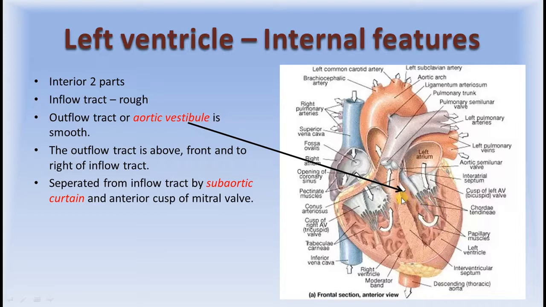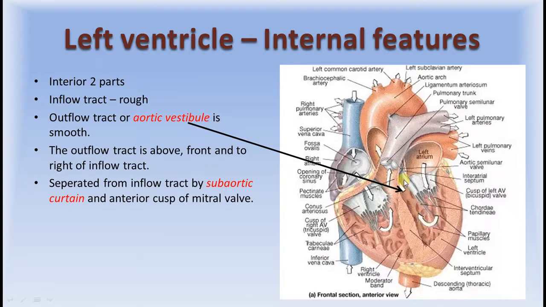So the subaortic curtain is nothing but, here you have the aortic annulus. There will be two scallops, anterior and posterior. They again will be derived from the fibrous trigone of the heart, fila coronaria.